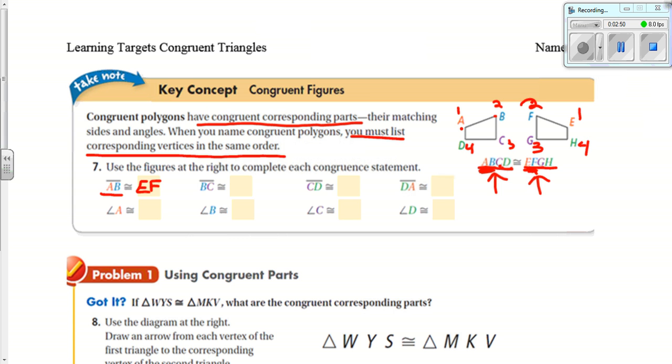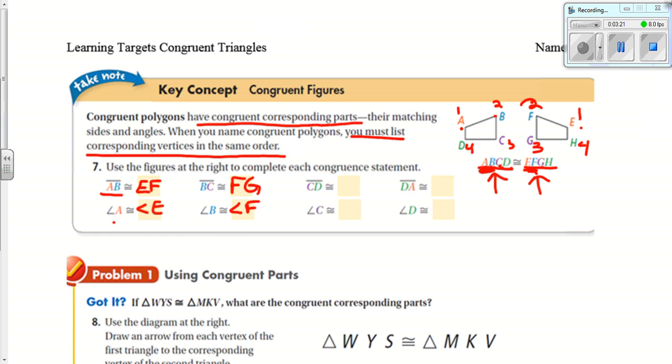Line segment BC, going from 2 to 3, will be congruent to FG, 2 to 3. Let's do a couple of the angles. Angle A, number 1, is going to be congruent to angle E. Angle B, number 2, is going to be congruent to angle F. Same thing, they're in the same place in the name.